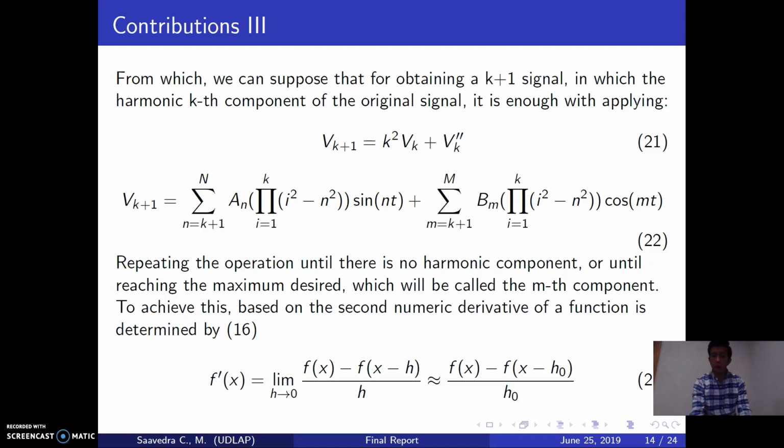So we all know that when h is too small, near to 0, we can already use this formula here: the original signal minus this original signal shifted h positions, and then divided by h, which is very close to 0.